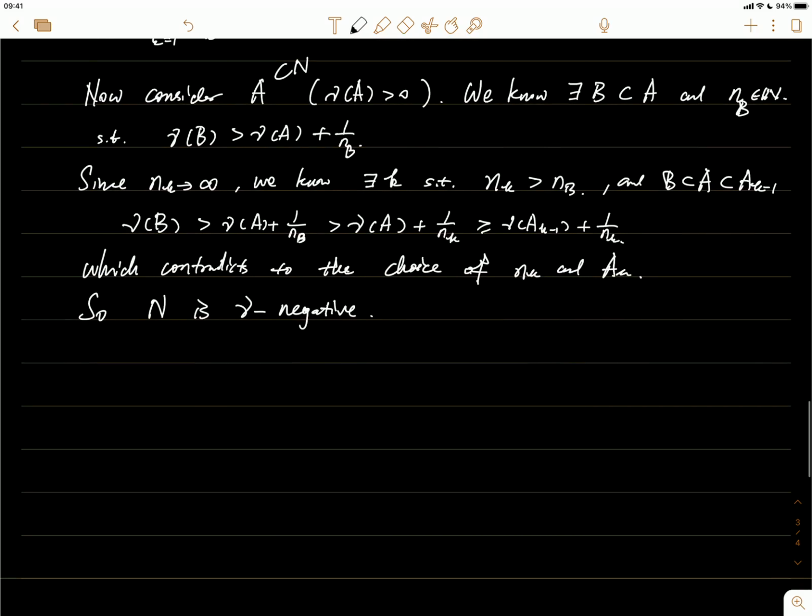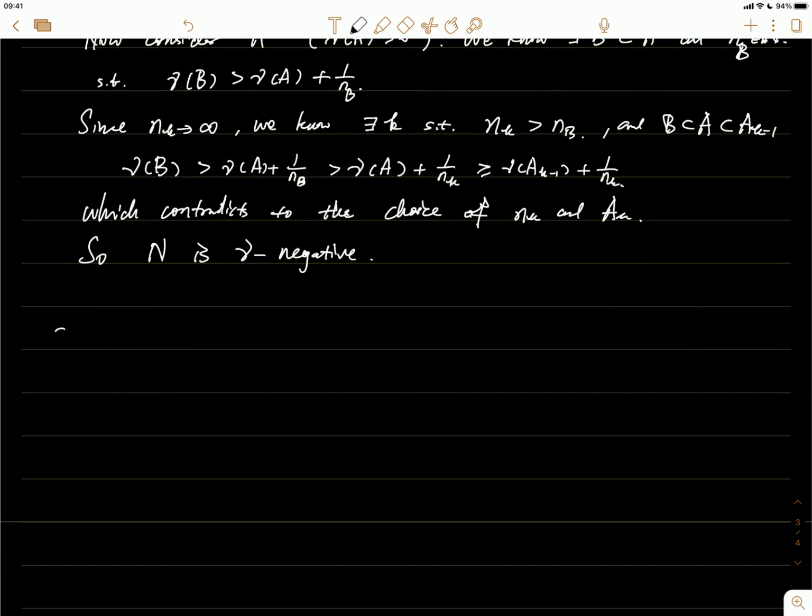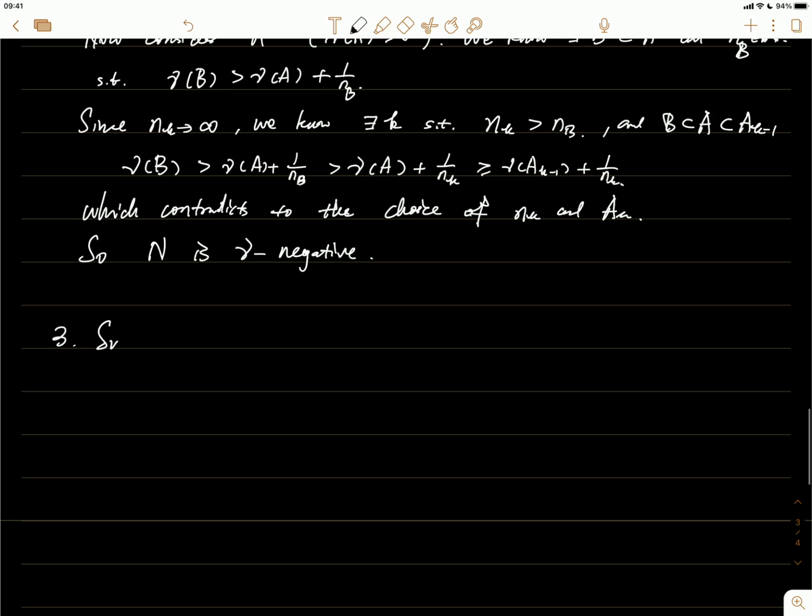And the only thing left is the uniqueness of this decomposition. So that's the third step. Suppose we have another Hahn decomposition.